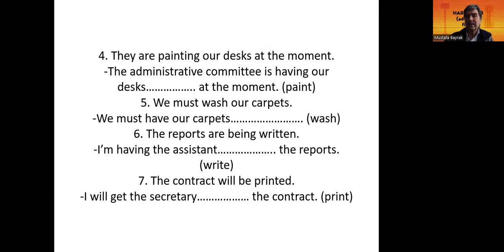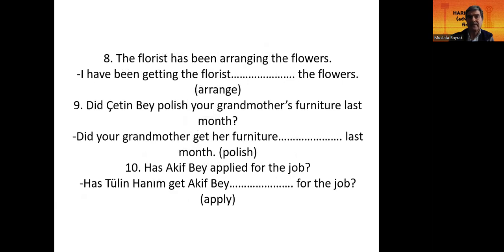I will get the secretary to print the contract. Get somebody to do something. The florist has been arranging the flowers. I have been getting the florist to arrange the flowers.